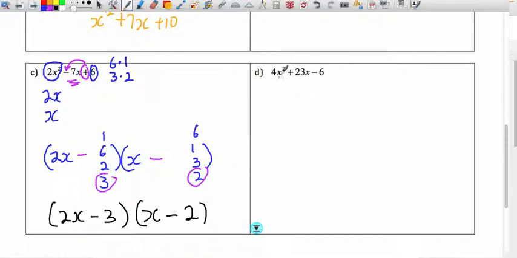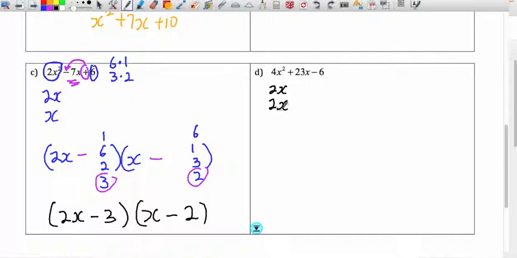In this case, we've got to figure out which combination of factors of 4x squared, which could be 2x and 2x, or 4x and 1x, are in turn going to work with the factors of 6, which of course are 6 and 1. Let me just rewrite that slightly differently.